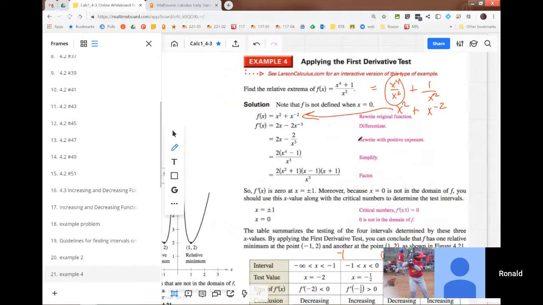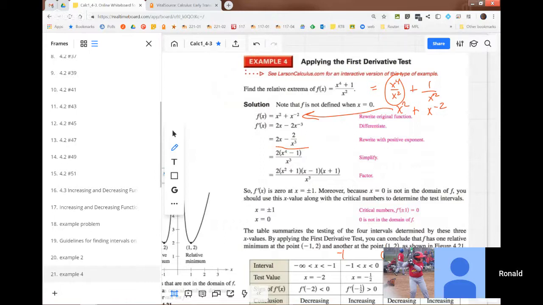You rewrite it, and you want to set this equal to 0. So you notice they factored. Of course, it can only happen on top, right? When you have a fraction, you can never get a 0 out of the denominator. So you see we have 2 times the quantity x squared plus 1 times the quantity x minus 1 times the quantity x plus 1 when it's all factored. And then what do you get? 2 can't be 0.